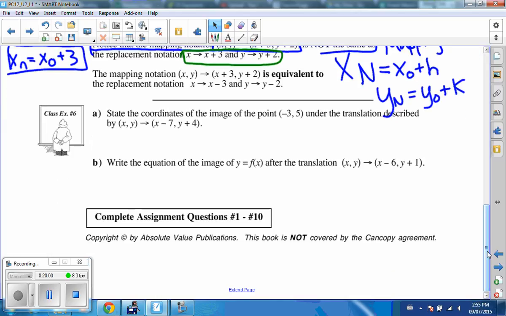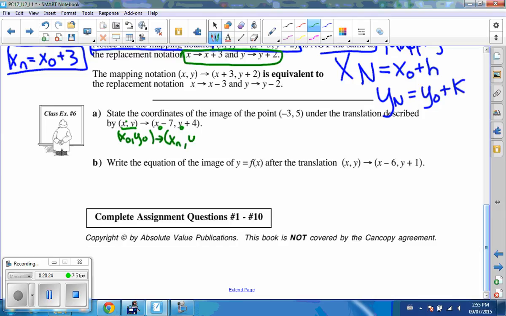Okay. So state the coordinates of the image of the point -3, 5 under the translation described by this. So if they've given me this is the old point, x old, y old, and this is that value, so this is also my x old and also my y old. This is my new point, so it's x new, y new.